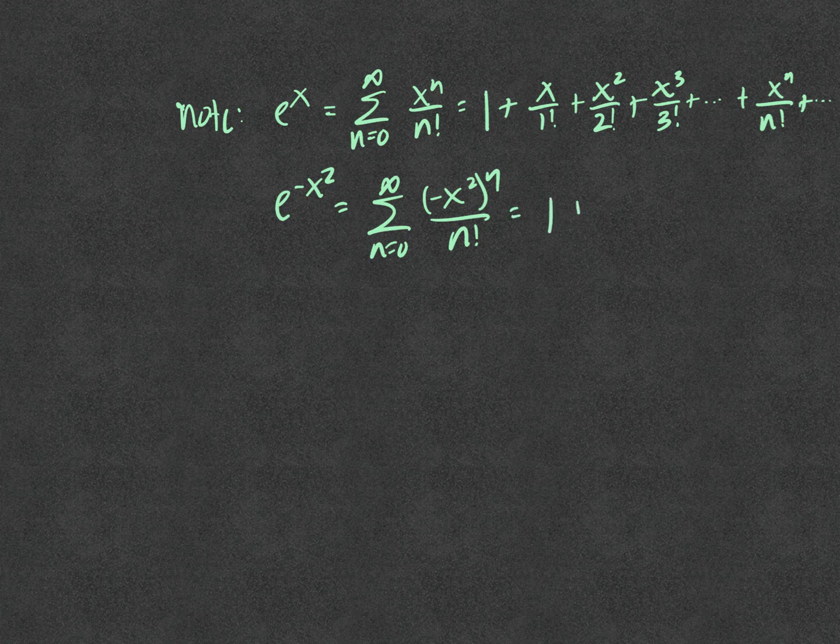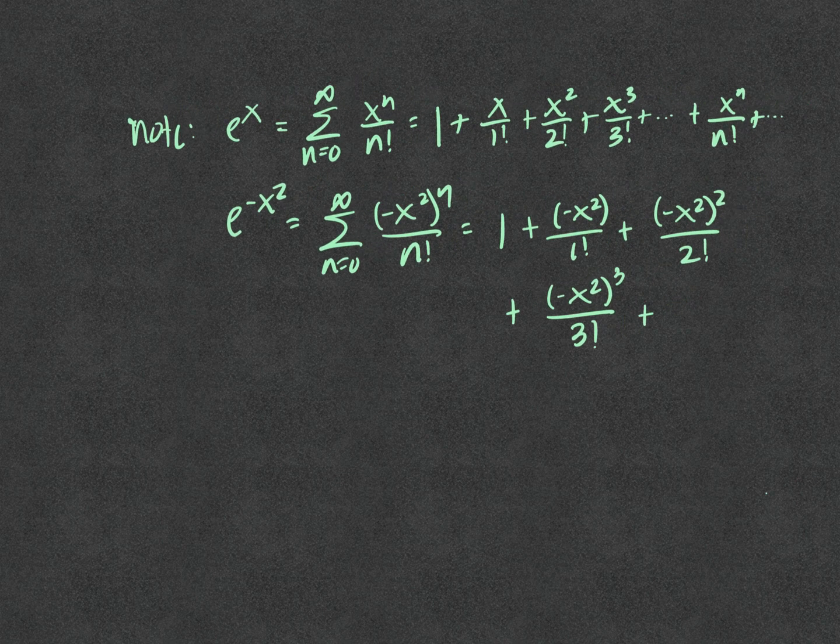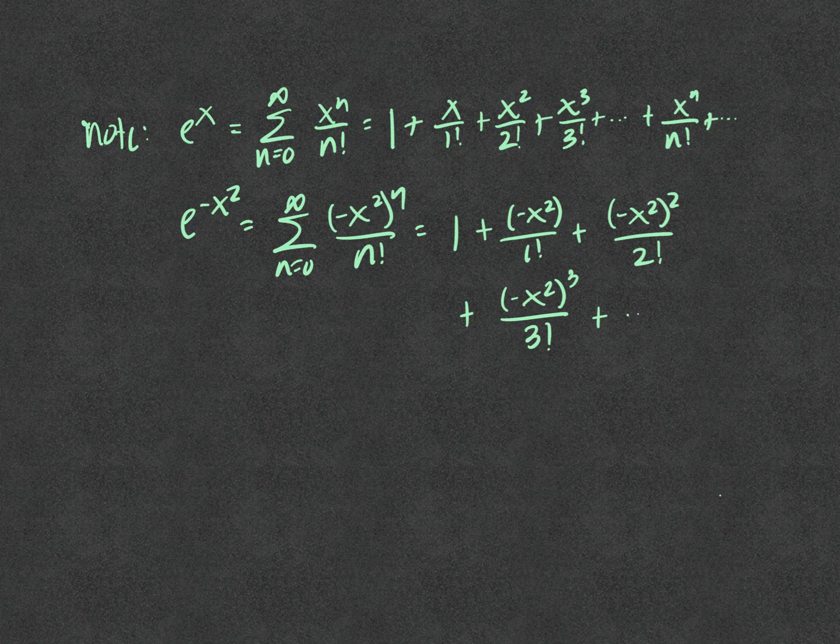So this is 1 plus negative x squared over 1 factorial, plus negative x squared over 2 factorial, plus negative x squared to the third over 3 factorial, plus, and out to the side somewhere, dot, dot, dot, we have negative x squared to the n over n factorial plus dot, dot, dot.